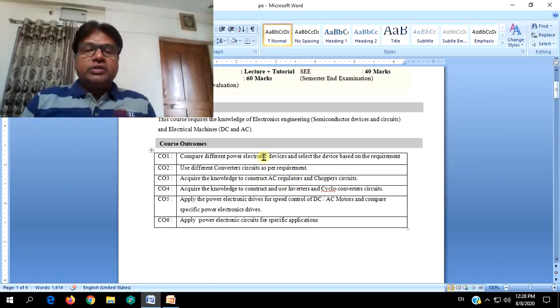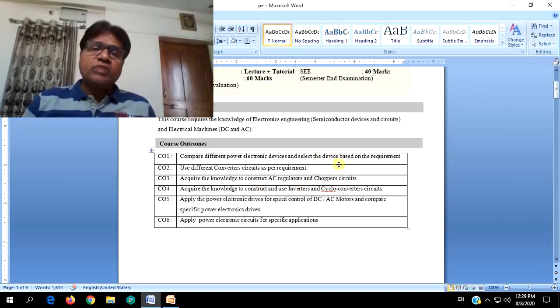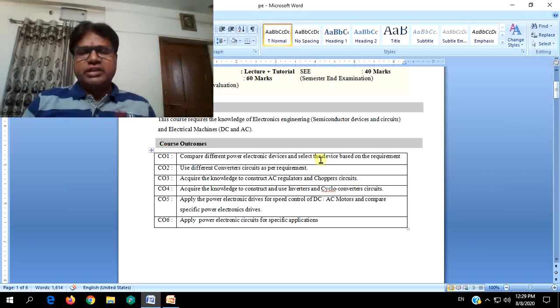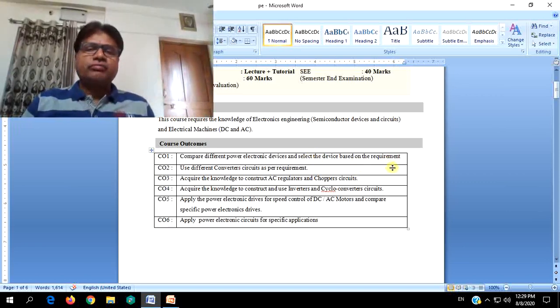In the first unit we have discussed various construction details and working and characteristics of thyristor devices or SCRs, GTO SCRs, LA SCRs, and other power MOSFETs and IGBTs, and particularly the commutation procedures of SCRs. All those things we discussed in the first unit.